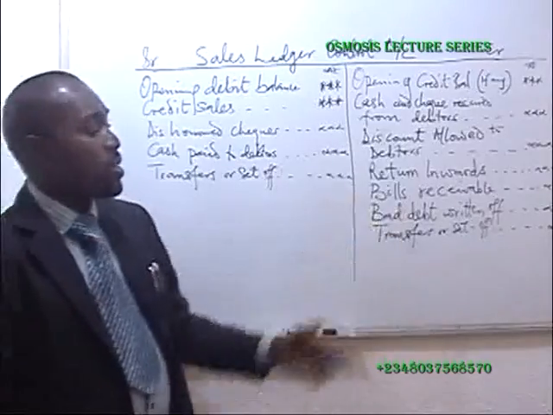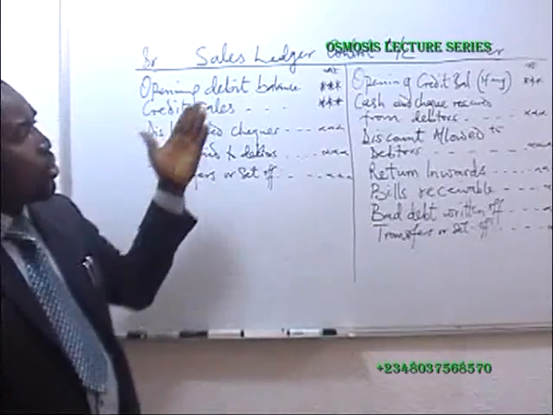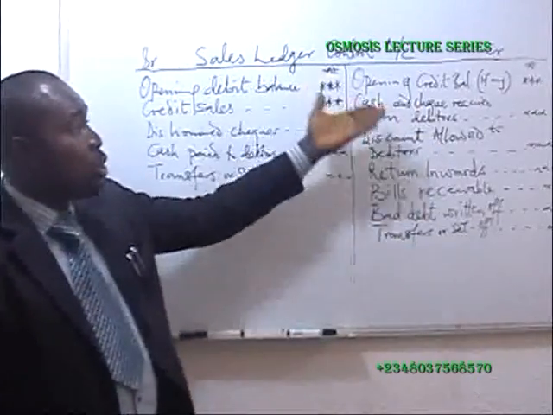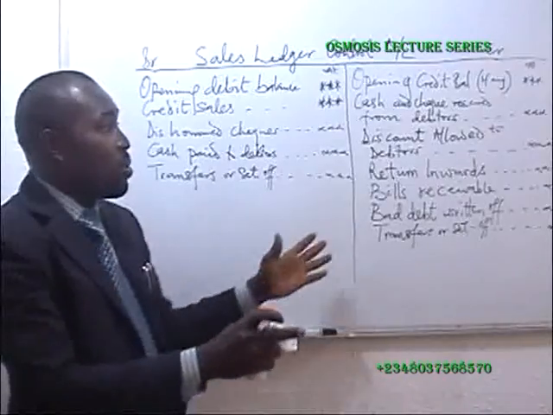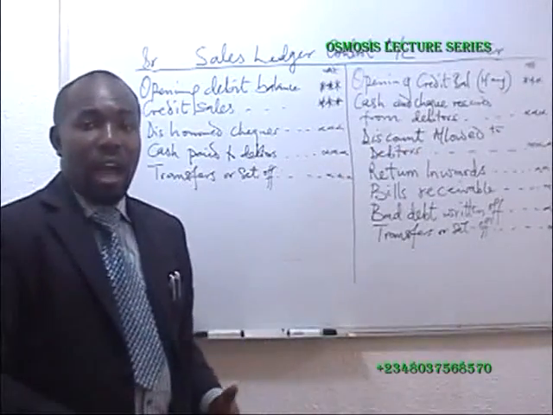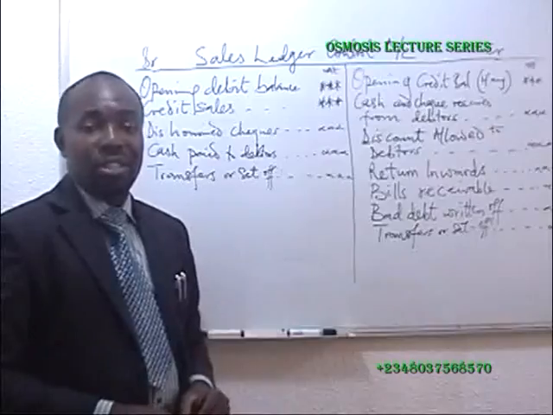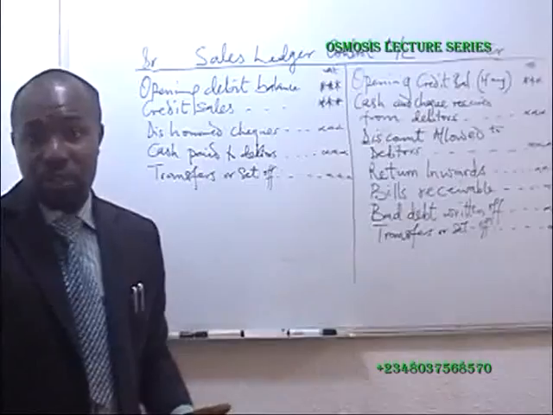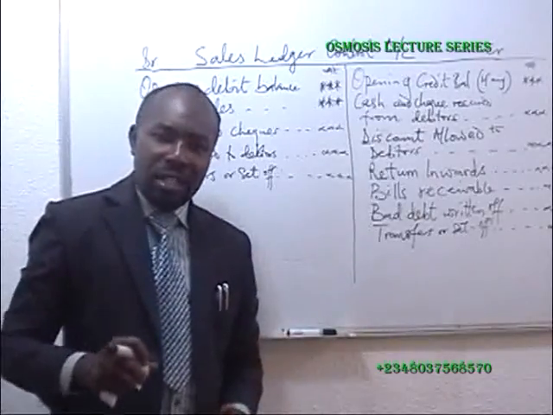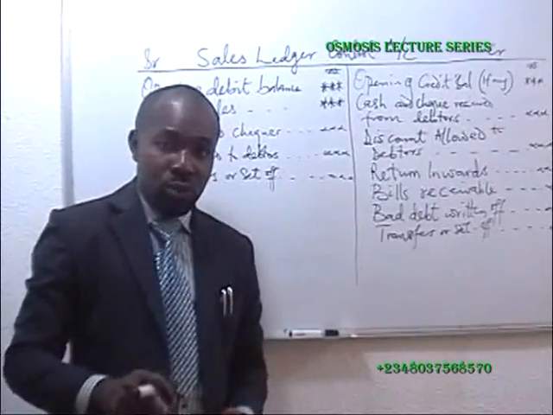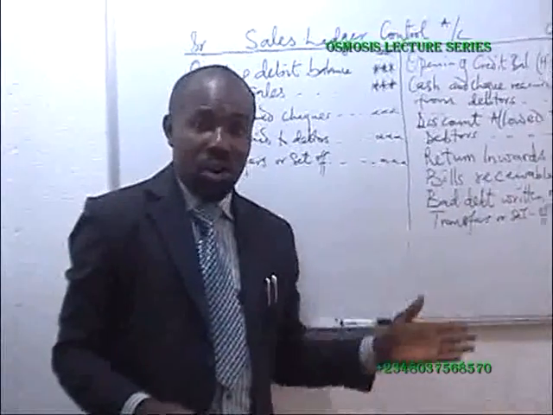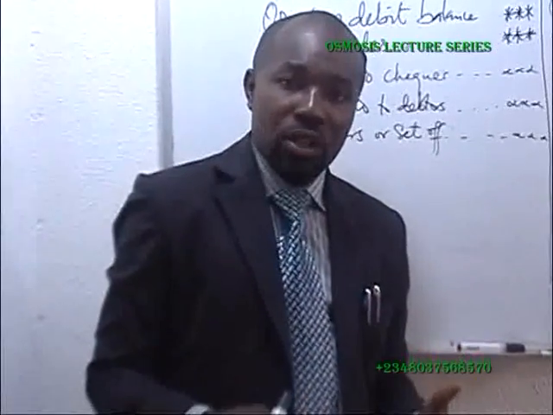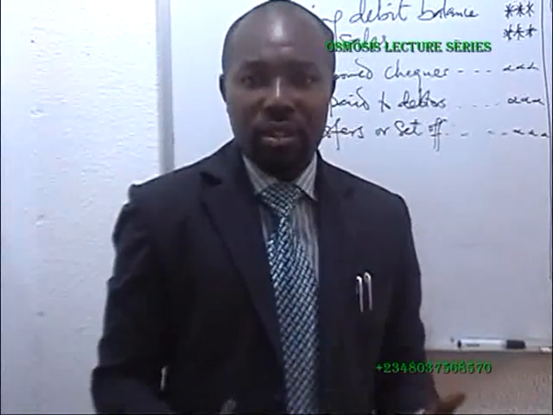These are transfers or set off. So here we have the corresponding credit, because the other side is not shown here. Although it is not part of the double entry system, you did not see the two sides of the account. In the double entry system, you have to show the two sides, but here you see only one side of each. So we say that the control account is not part of the double entry system.